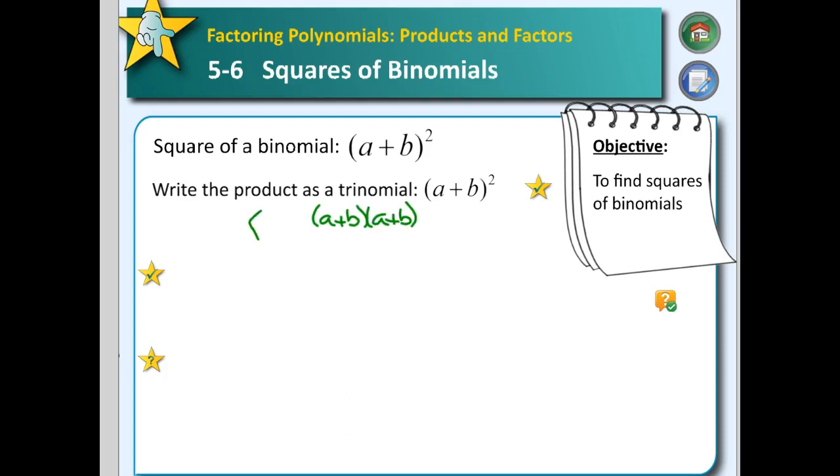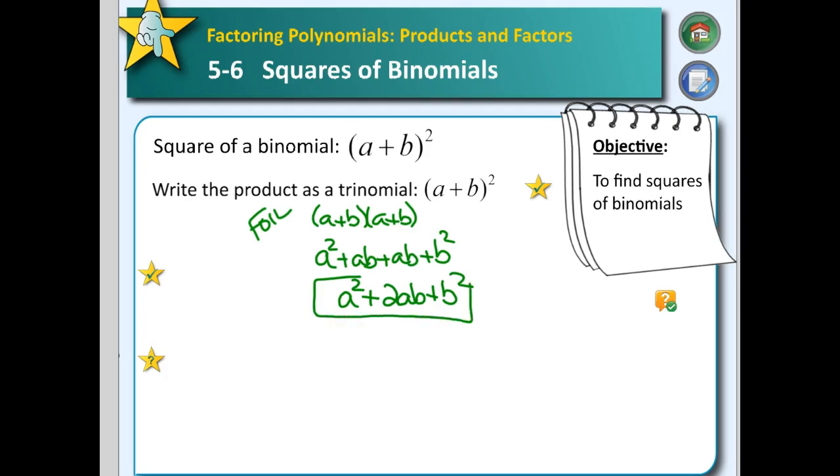And then if we foil, F stands for first. A times a is a squared. Outside is going to be ab. Inside is going to be ab. And then when we multiply the last, we get b squared. So we end up with a squared plus ab plus ab, which is 2ab, plus b squared. Okay? And so that's what we're going to see when we're adding.